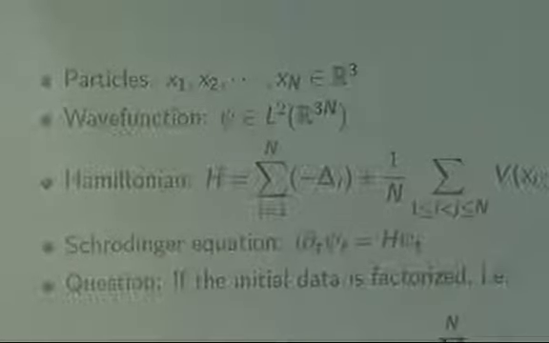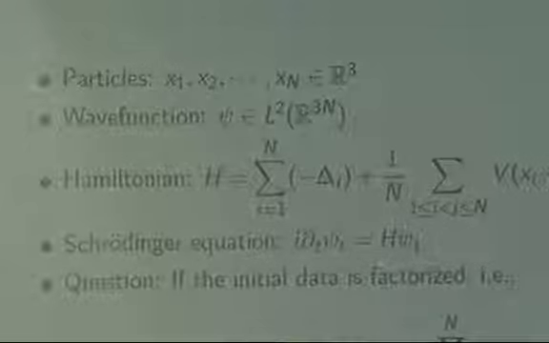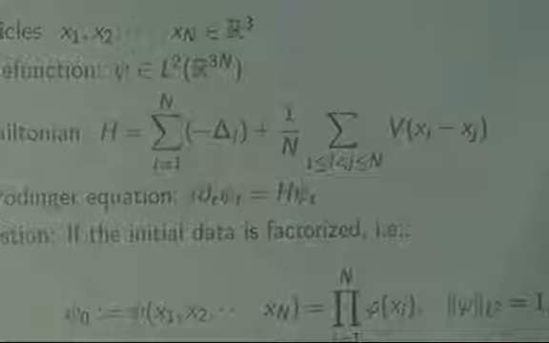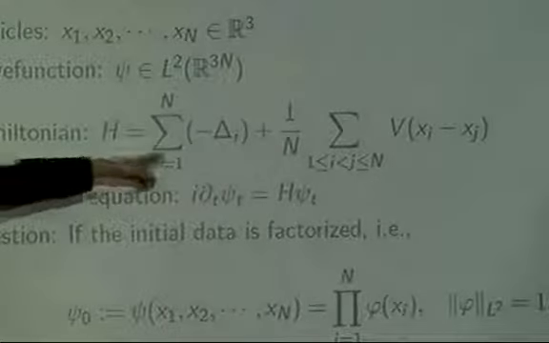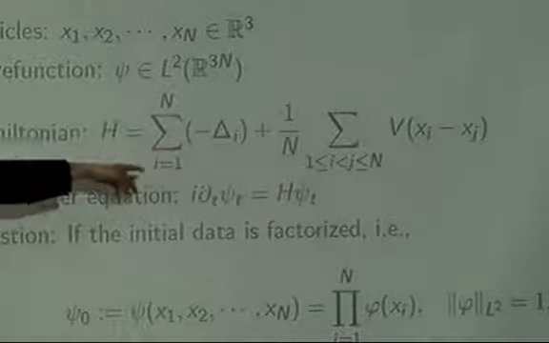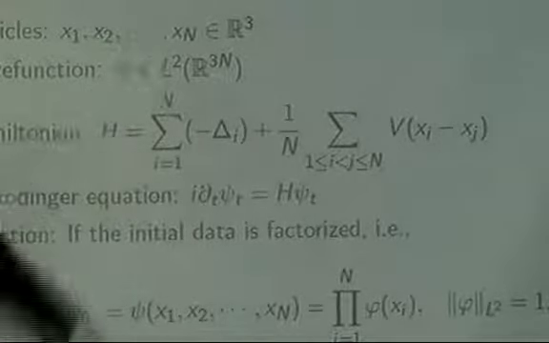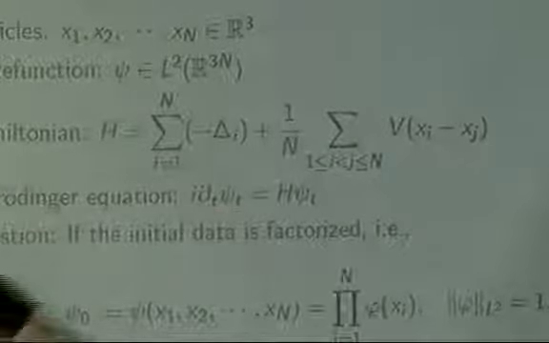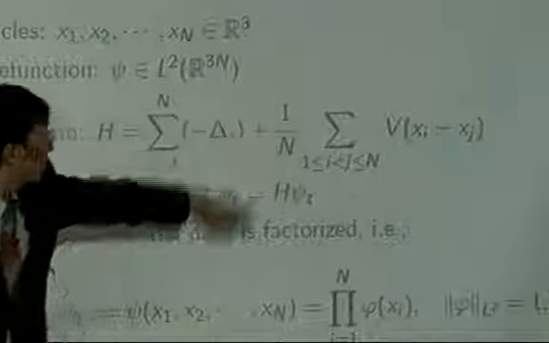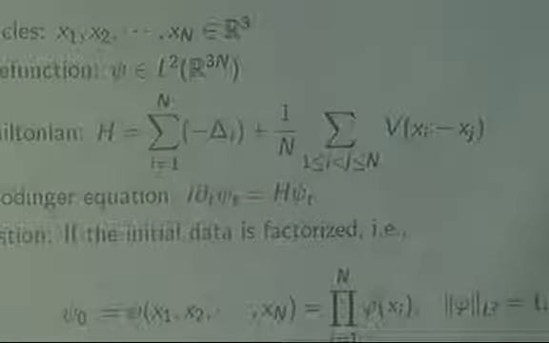The Hamiltonian physically means energy, and mathematically it's just an operator. This operator is written as minus the Laplacian for each particle from i equals 1 to n, plus the potential term. Here we have 1 over n, and that is what you call the mean field limit.